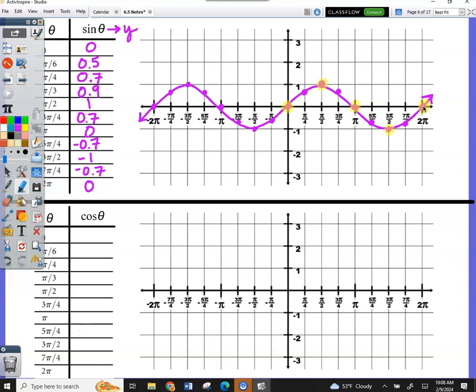Now, what I would love to see if you can do is repeat the exact same process, but now you're looking at what coordinate? X. So come down here, and now I want you to make the T-chart of the X coordinates of all those exact same radian measures.